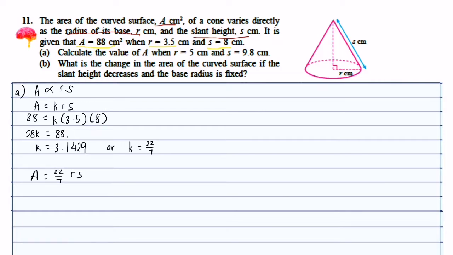Now, after we obtain the complete equation for the area of the curved surface, we substitute r equals 5 and s equals 9.8 into the equation to find the area of the curved surface of the cone. Equals 154 cm squared.